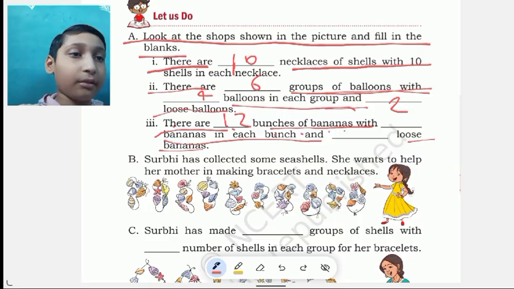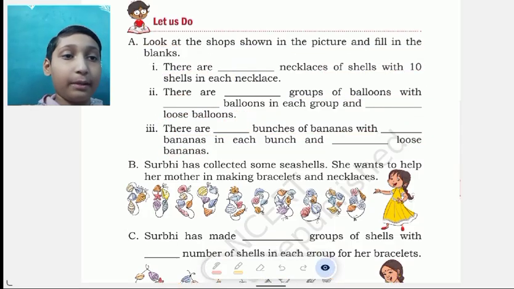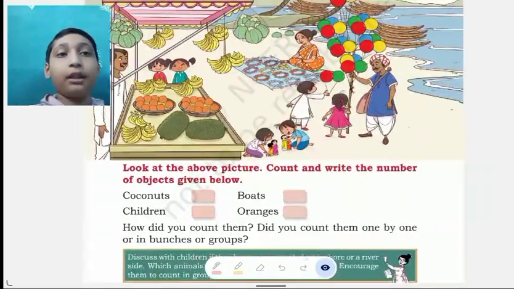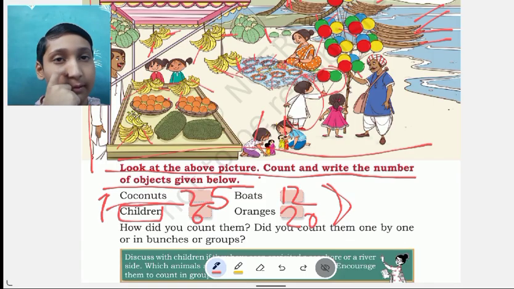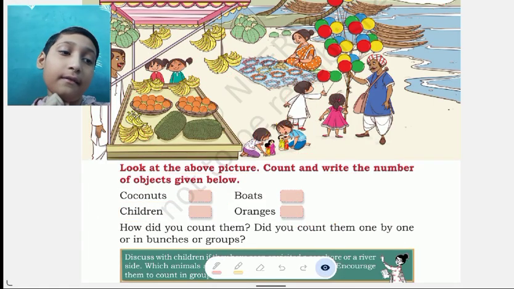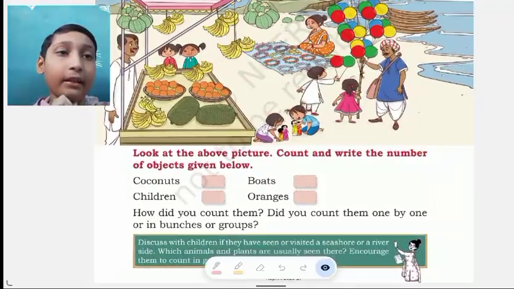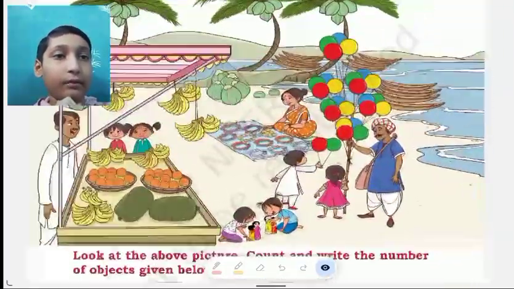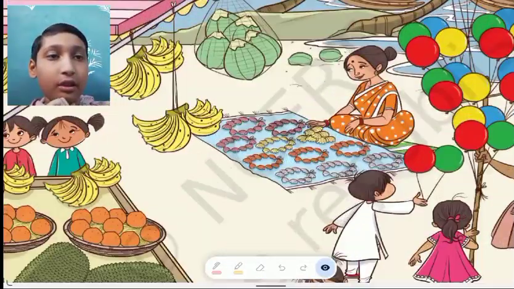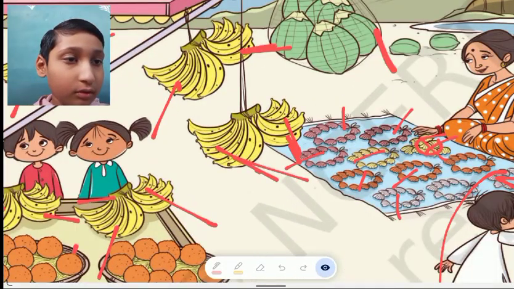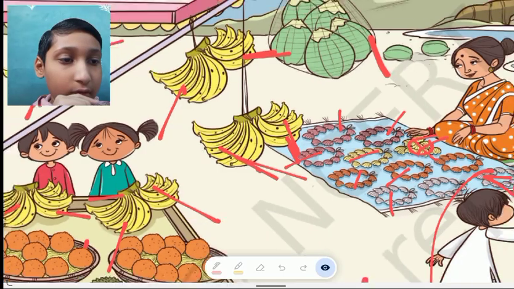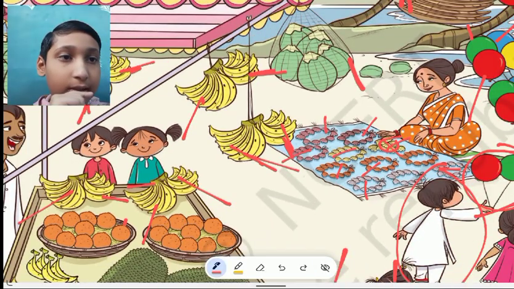There are 12 bunches of bananas with dash bananas in each bunch, meaning how many bananas there are in one banana bunch. If we look very closely, extremely closely, it's a little lagging.